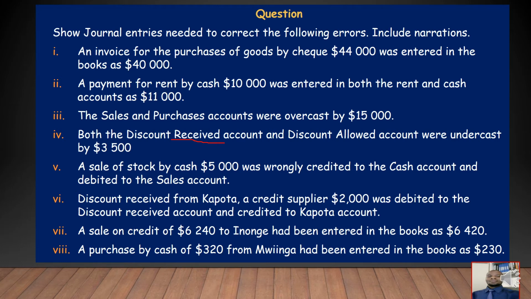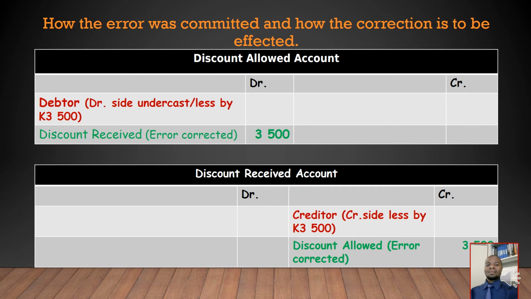And the discount allowed account is an expense account. What do we do to add to an expense account? We debit. So we're going to debit the discount allowed account with $3,500. Let's see how we do it in the ledger accounts.